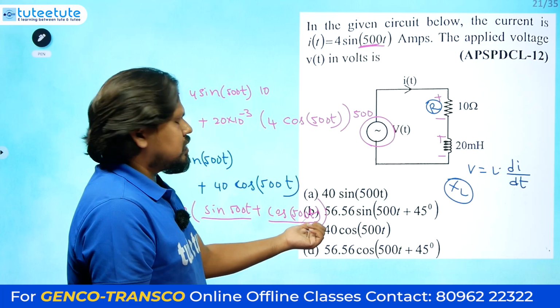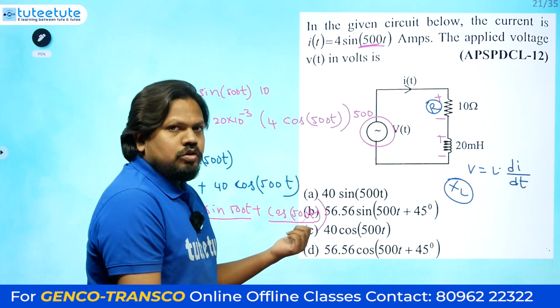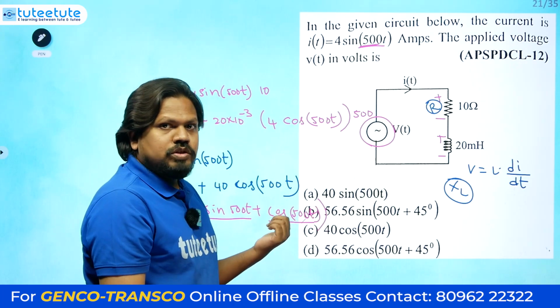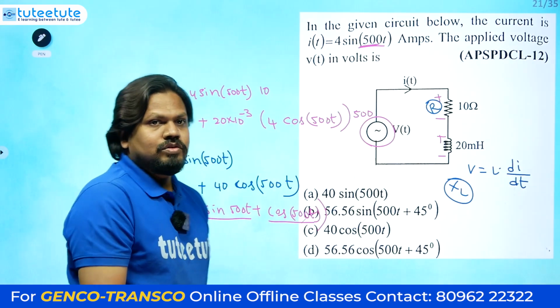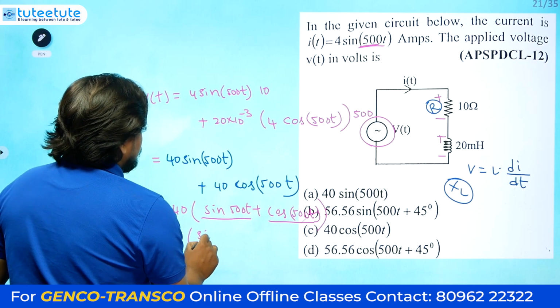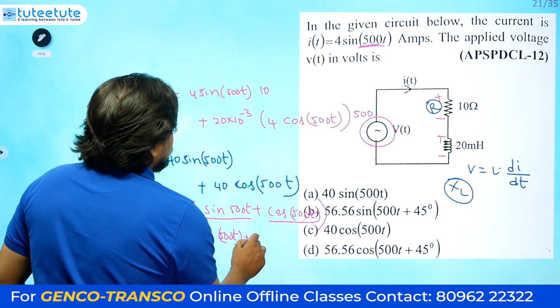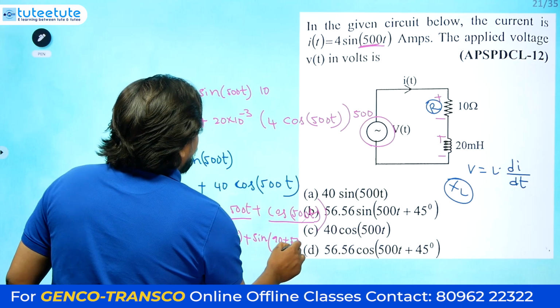Convert this cos theta into sin 90 plus theta, like that we can use. So that means 40 into sin 500t plus sin 90 plus 500t.